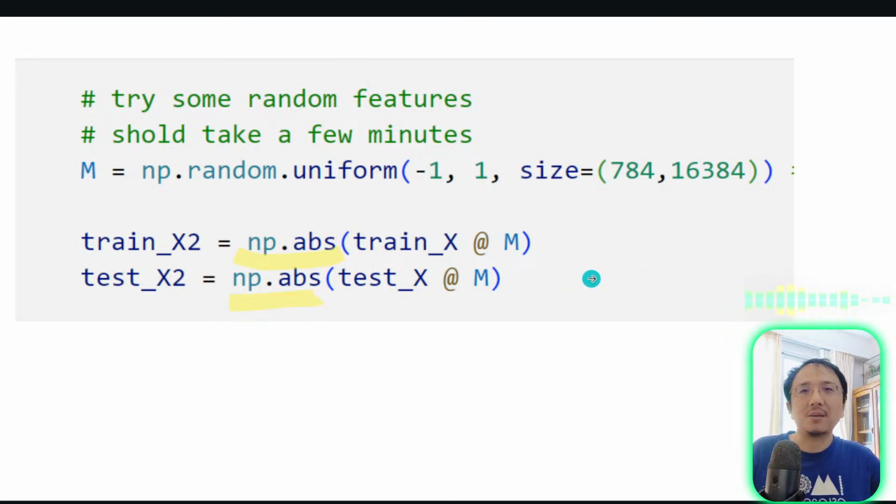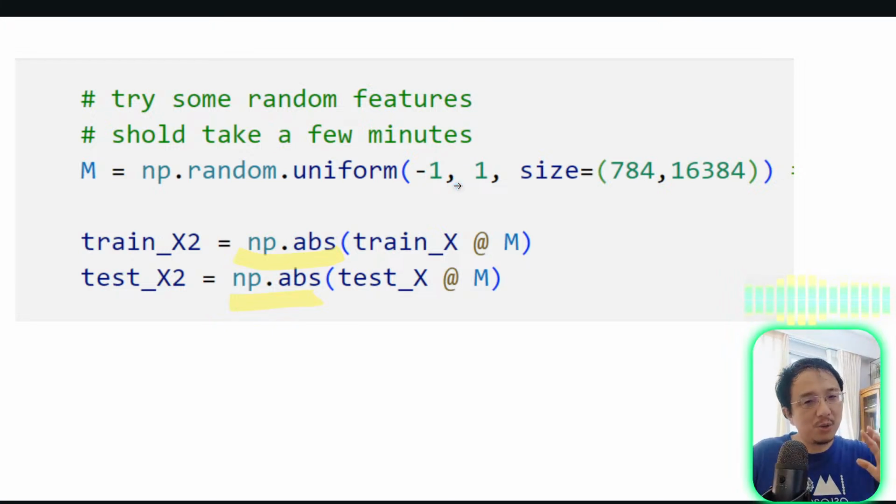Arbitrary, but works. Every time we have a random feature generator, so every time the result should be slightly different. But if you are using a size that large, the result will be very consistent. You can use a small value like 4,000 or 5,000 if you don't have that much memory, or if your computer is running slow and takes too long.